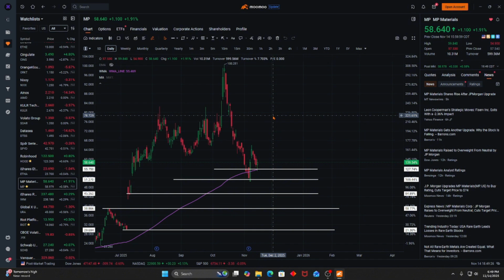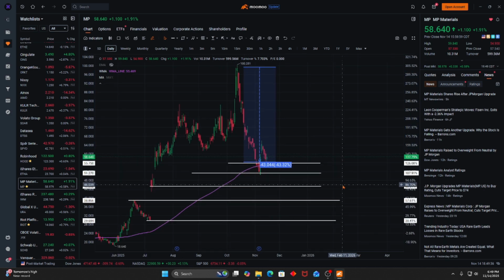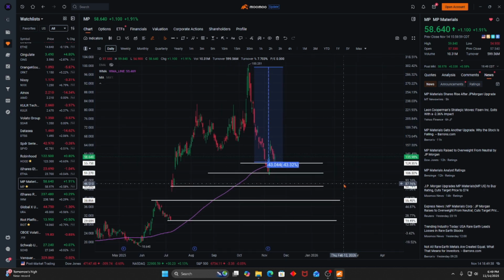You're buying at such a massive discount already at the purple line. The fact that you get the opportunity to add even cheaper below the purple line, that's nothing more than a blessing. But I know most people don't see it that way. They just see their account being red and more red and more red as it goes down lower. And if we do tank like this, that means the market as a whole is tanking real bad, or something very specific happened with MP.